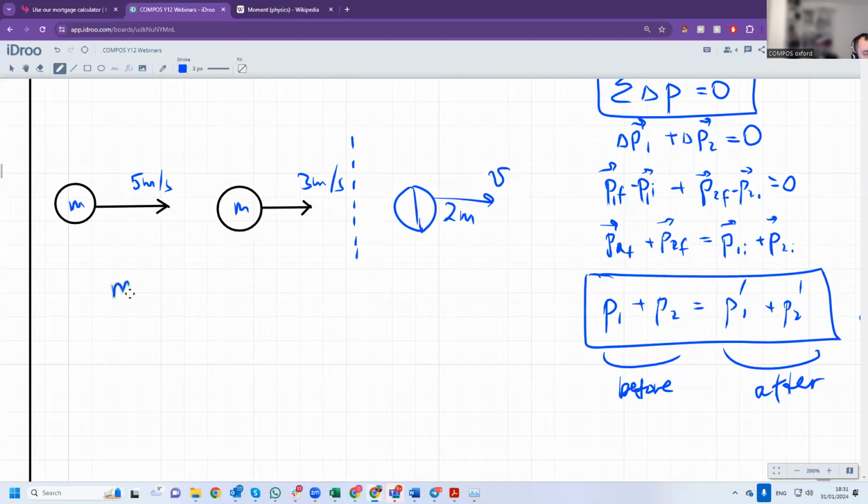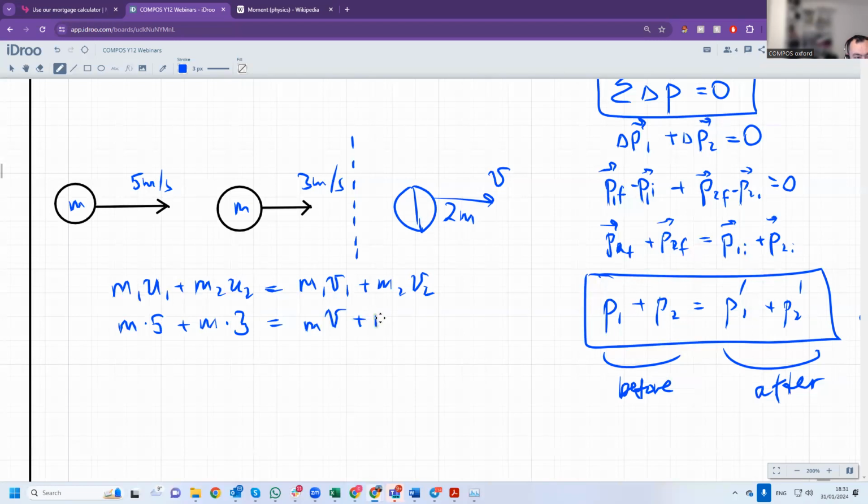So I write m1u1 plus m2u2 equals m1v1 plus m2v2. Here it's m times 5 plus m times 3 equals, technically they're both moving with the velocity v, so mv plus mv.